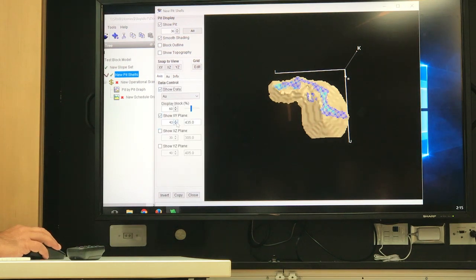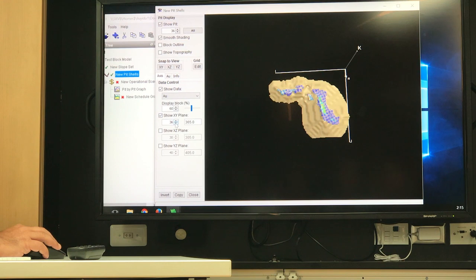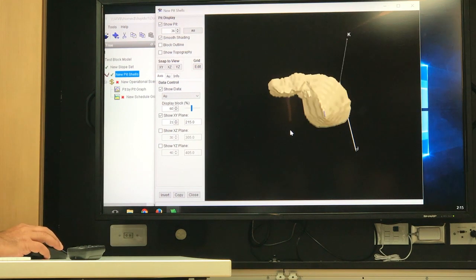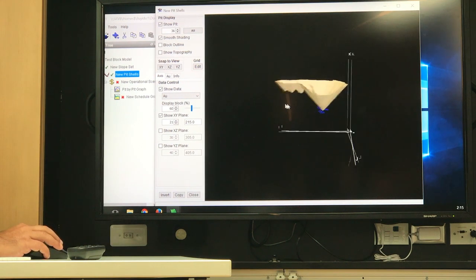As I go down, you can see these high grade spots here, and how the mineralization zone is changing. So this is good for visualization and understanding how the pit shell has been developed.